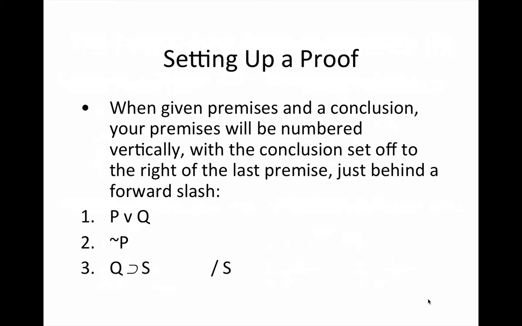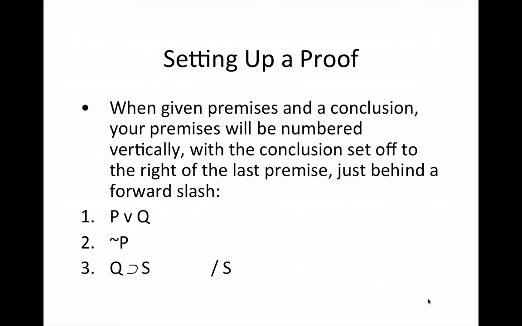But remember, as I mentioned earlier, there's lots of practice where the proof is constructed for you in the exercises, and your job is to complete the proof by citing and justifying the step that you've inferred from the relevant line number or numbers and the rule that was employed. So here we have the following argument: P or Q, not P, Q horseshoe S, and our conclusion is S.